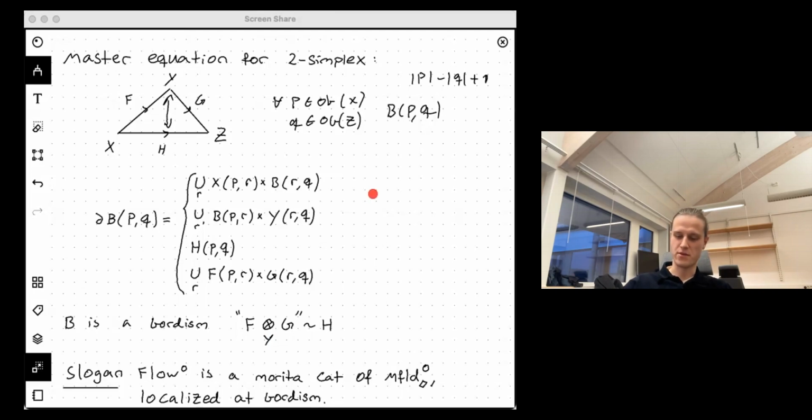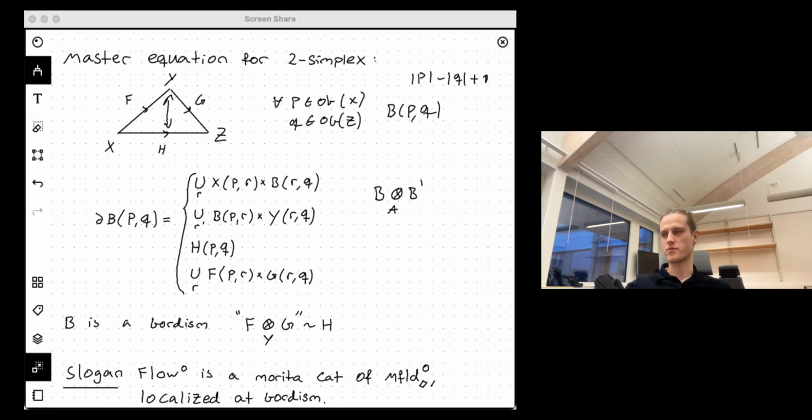If I have some kind of bimodule over an algebra, for instance, say I have a bimodule B, then I can try to compose that with another bimodule by forming their relative tensor product. And this is how you can define these Morita categories of rings or algebras, by taking this to be your composition.